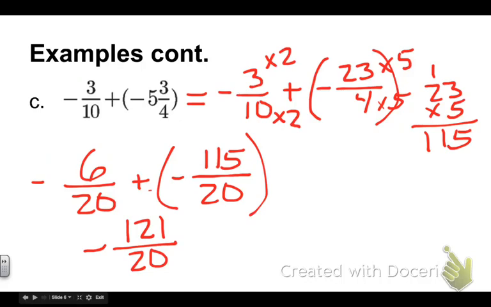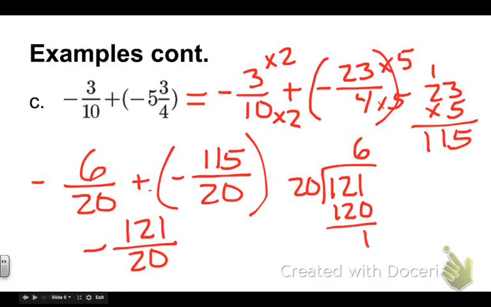And then we can simplify that. We can reduce that. That goes in 6 times with 1 left over. So your answer would be negative 6 1/20.